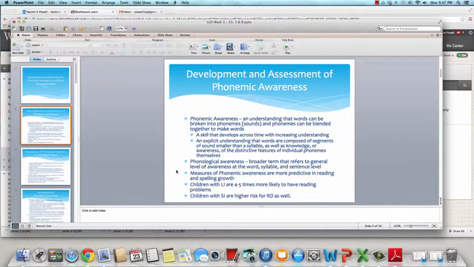So those components of phonological awareness and phonemic awareness are linked in with children who have language impairments and speech sound disorders. Of course, if you have a speech sound disorder, your weakness is in the language area of phonology. And when it comes to language impaired children, their language is so severely impacted across the board that's why they are at higher risk for reading disabilities.